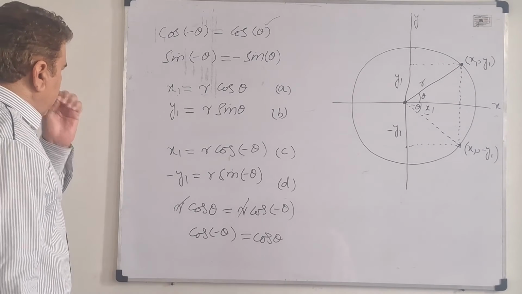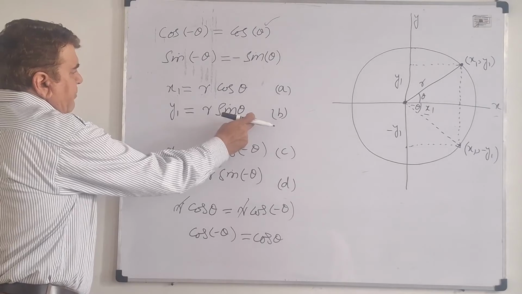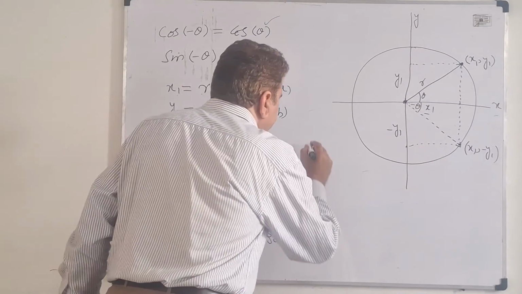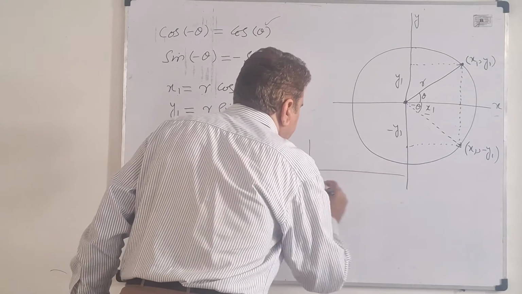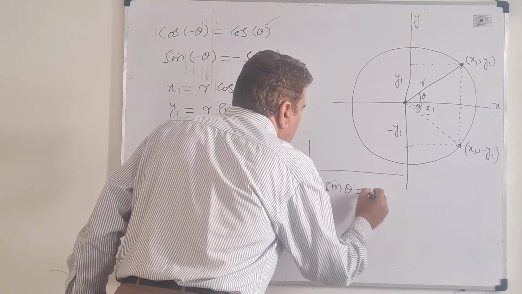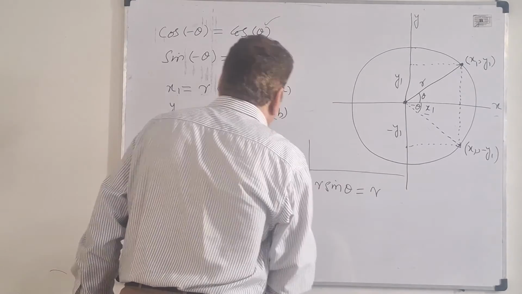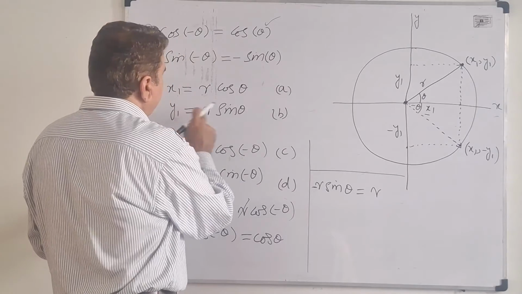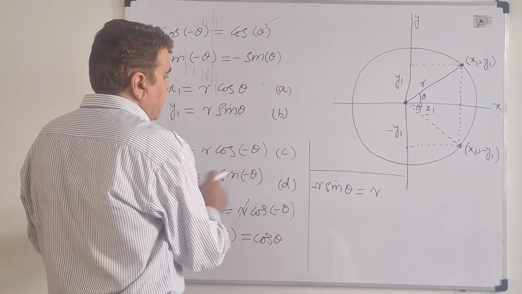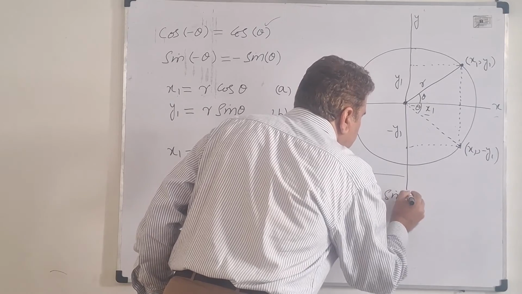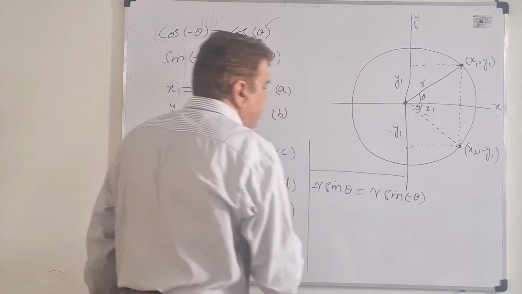Similarly, if I put the value from equation B in equation D, then I can write minus r sine theta equals r sine(-theta), since I must take the minus sign of the y value.